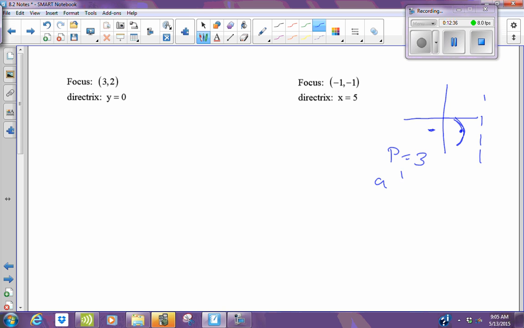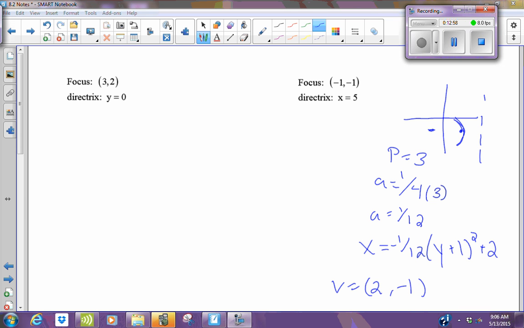So A is going to equal 1 over 4 times P, so A is equal to 1 over 12, and it's negative because it's going to the left, so you'll have -1 over 12 times y plus 1 squared minus 2.